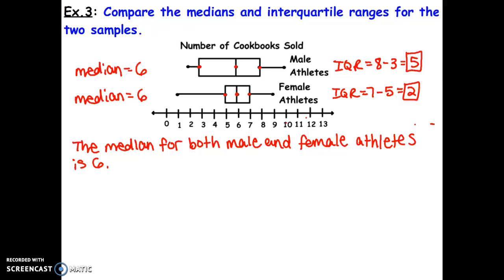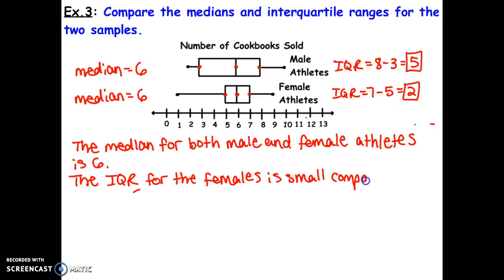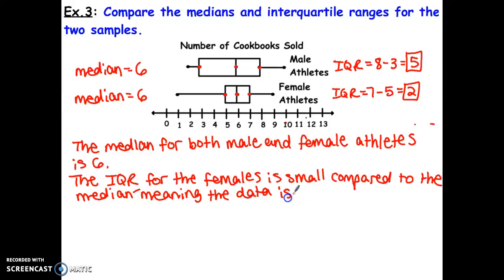So for the female athletes, the IQR for the females is small compared to the median, meaning the data is not variable.